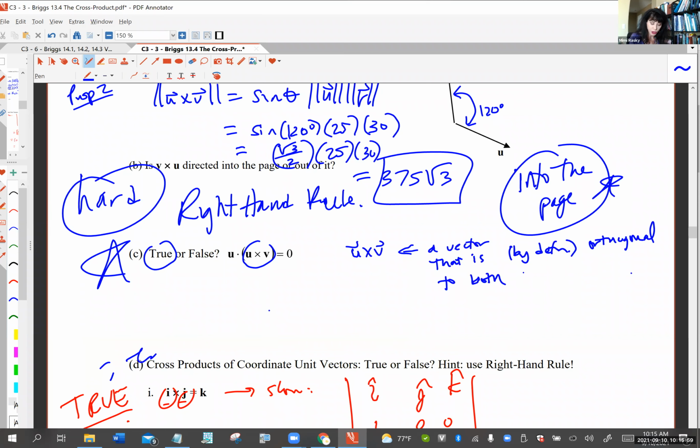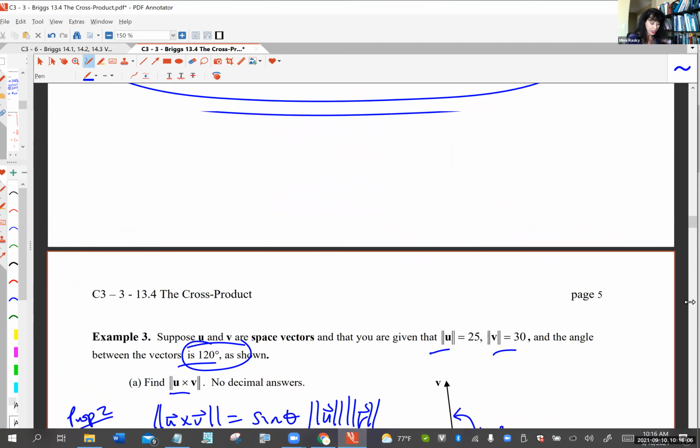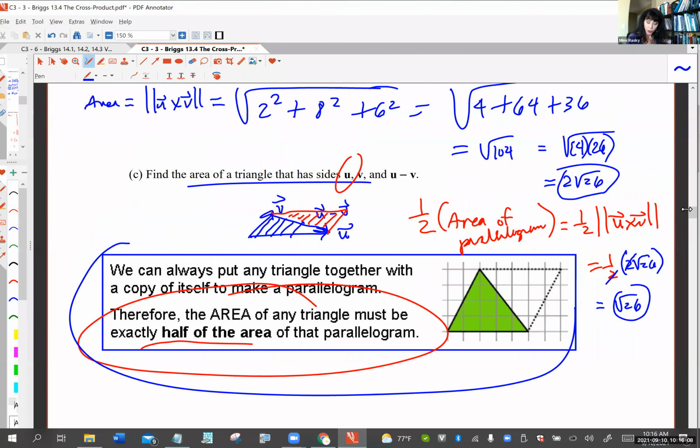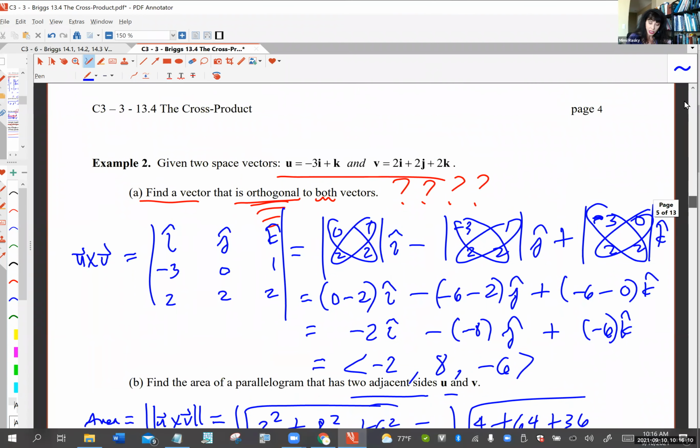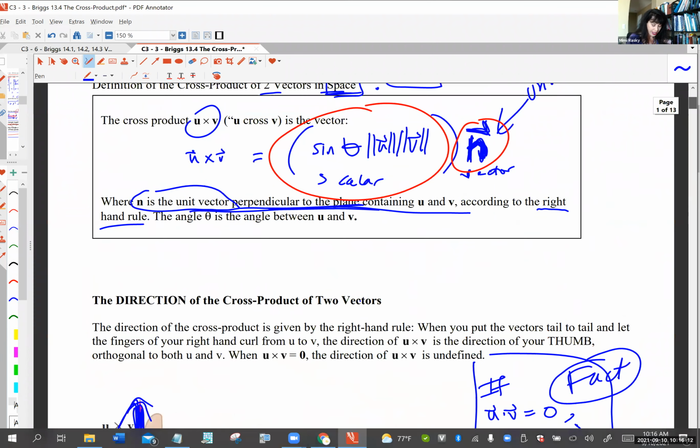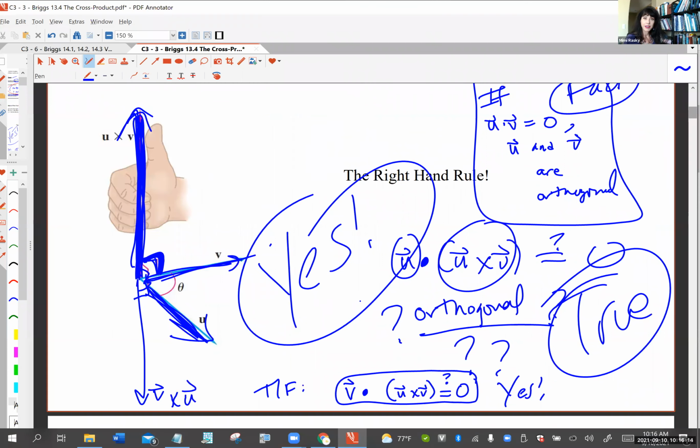So let me show you the picture again in case you forgot what it looked like. In your lecture notes, I would encourage you to turn to this page, which is the beginning of section 13.4, where I have the right-hand rule. See the picture of the person's hand here? Here is the U cross V vector pointing up in the direction of the person's thumb.